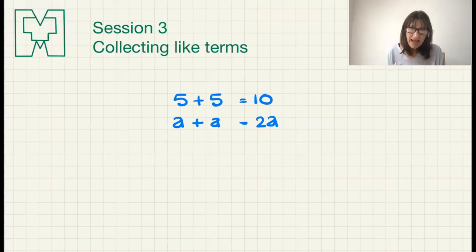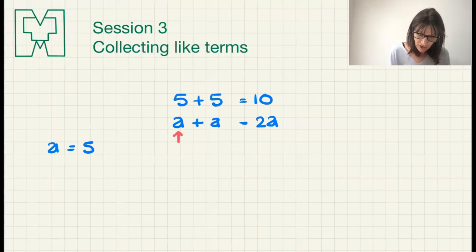Now we're going to go back and see whether or not this kind of works in the world of maths, because it's quite random. Don't really know what's happening here. So let's say someone's come along and gone, hey, I know what A is. A is equal to 5. That means I can come back to my problem and I can say, okay, that A there, I now know that A is 5.